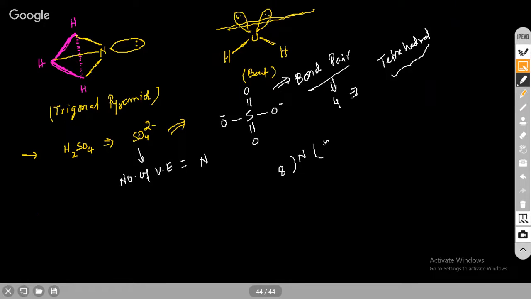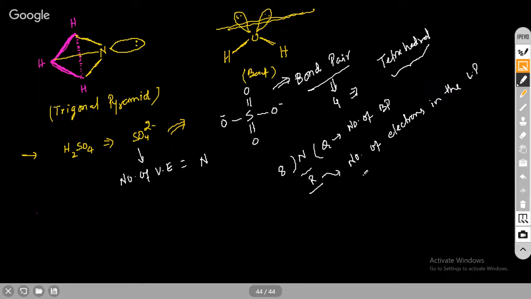You will get some quotient, and then you will get some remainder. This quotient gives you the number of bond pair. This remainder gives you the number of electrons in the lone pair.